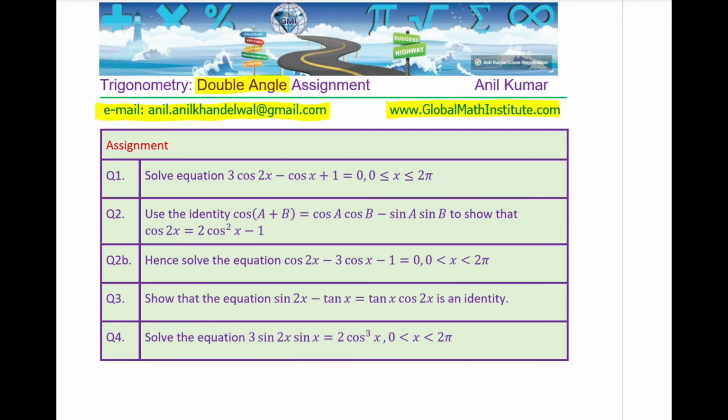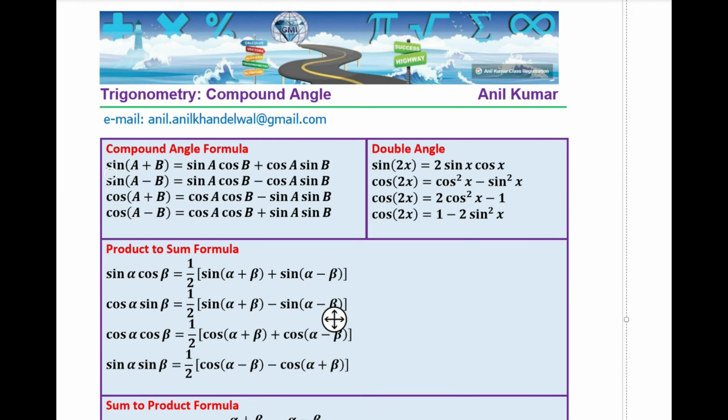Now let's look into the solution of these questions. Now before that, let's check the formulae. I hope you remember the compound angle formulae, which are sin A plus B is sin A cos B plus cos A sin B. Sin A minus B is sin A cos B minus cos A sin B. And for cosine A plus B and A minus B, we have cos A cos B minus sin A sin B, or with negative sign, here it becomes positive.